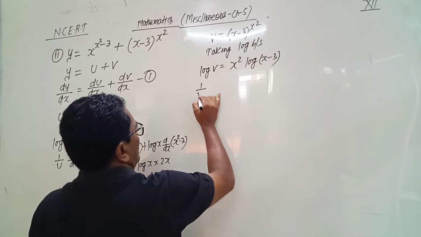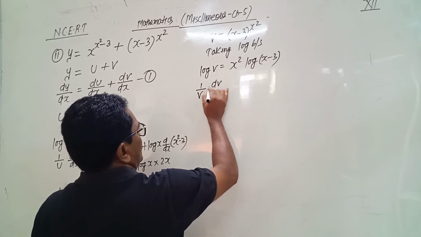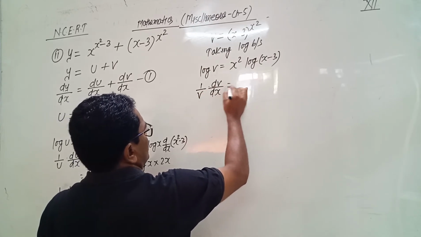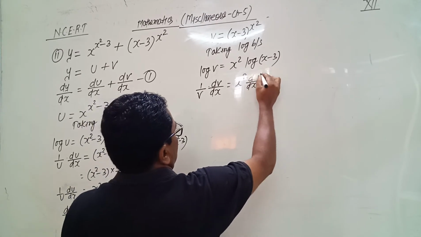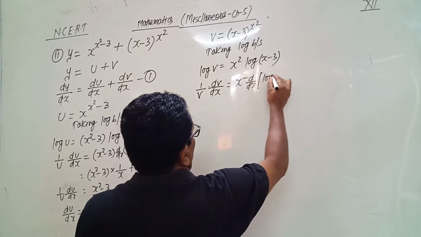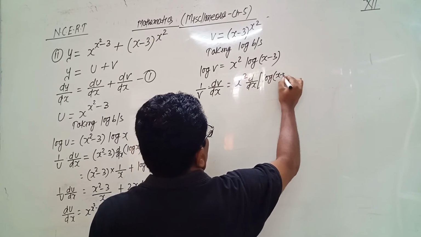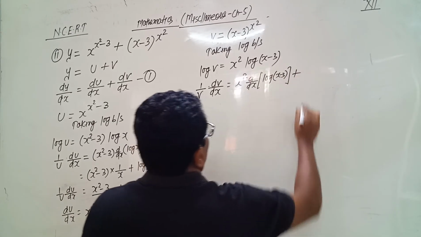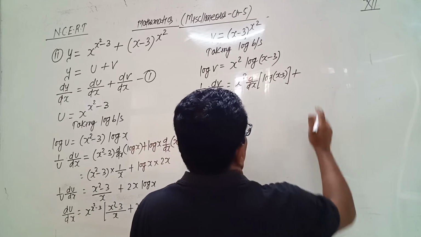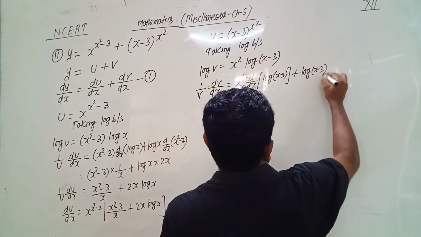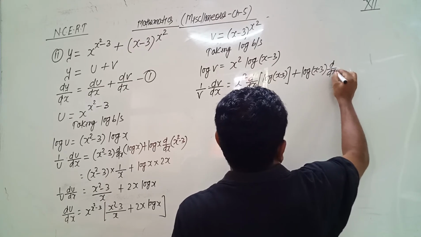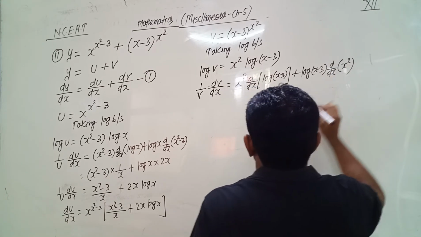Differentiation of log v is 1 by v into dv by dx, equals x square as it is, and d by dx of log x minus 3, plus v as it is, means log x minus 3 as it is, and d by dx of x square.